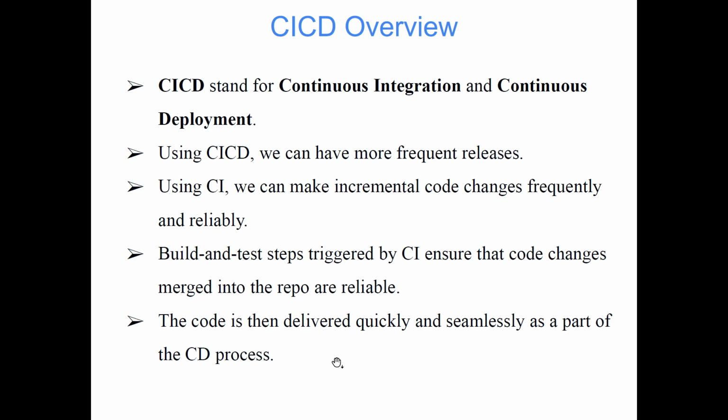Two processes are there: CI will make sure that everything is fine, and CD will ultimately deploy the new code. Right now you may be thinking these are heavy terms like continuous integration and continuous deployment, but once I show you the related AWS service and you do it practically, it will be more clear to you.